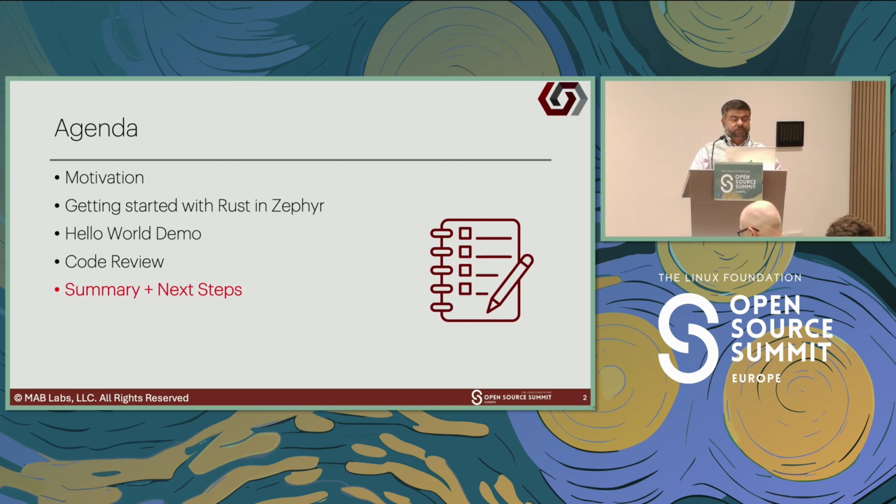And like I said, demonstrate a real hello world demo, writing a Rust application, just running the sample that's provided in Zephyr, and then briefly go over the code that's provided to us, and understand how the implementation there is relevant to Rust as well, and then some summary and next steps.